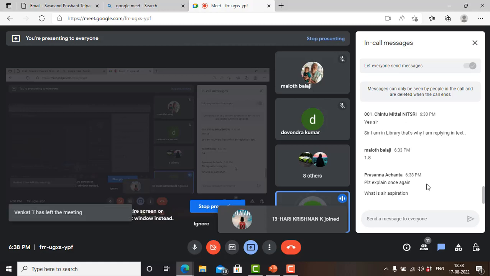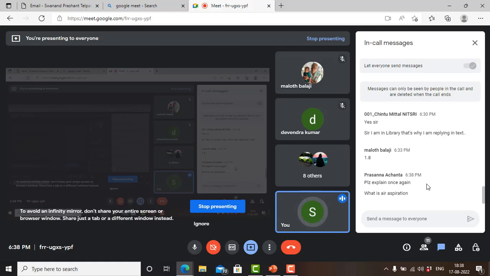Yeah, so air aspiration means, let's say you have molten metal as well as air surrounding that molten metal. So let's say pressure drops. What do I mean by pressure drops? If the continuity of molten metal is not achieved in a sprue, then what will happen? If the pressure is low at certain regions where the molten metal is present, this gas will try to get absorbed in the molten metal, and if this molten metal solidifies later, then the solidified workpiece will contain porosities because of these absorbed gases.